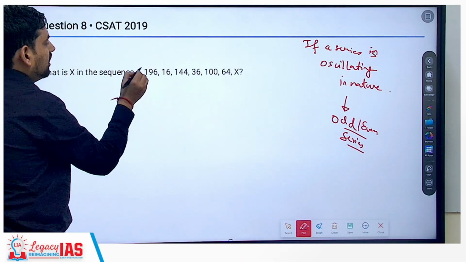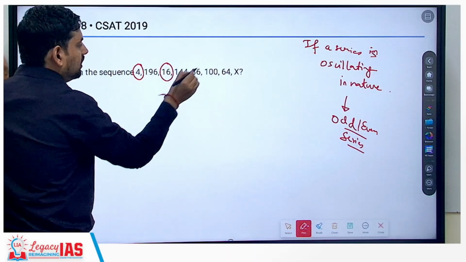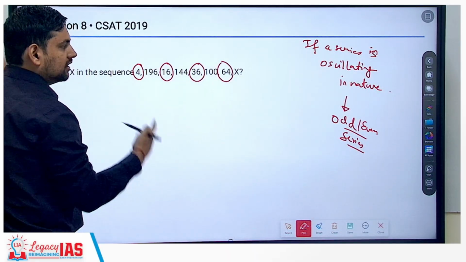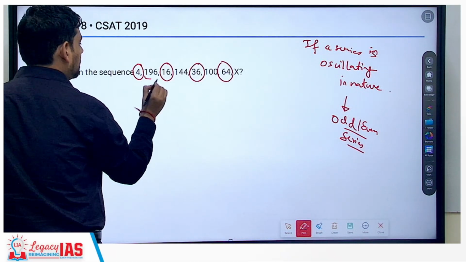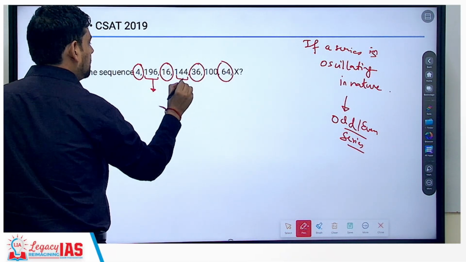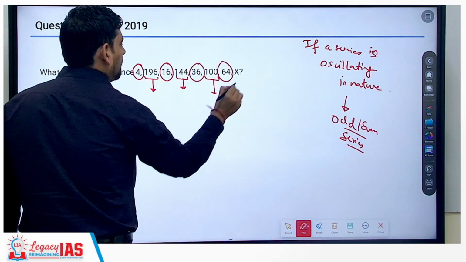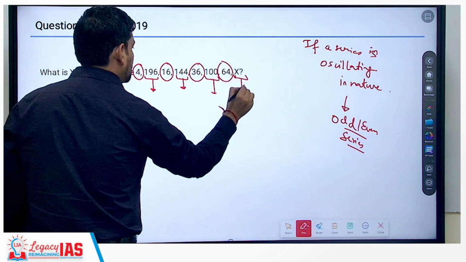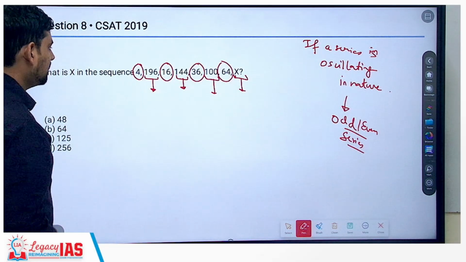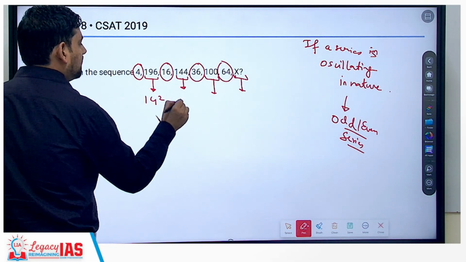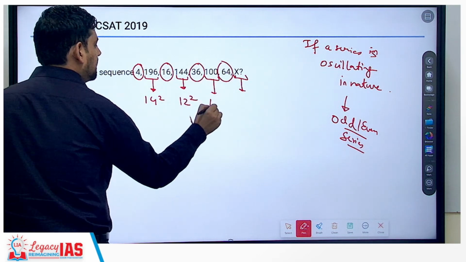So you identify. So let's say 4, 16, 36, 64. Can you see the series? Correct. Similarly, now look at this series. So 196, then 144, then 100, and next will be x. X we need to find. Now see, 196 is which square? This is 14 square. 144 is 12 square. 100 is 10 square.